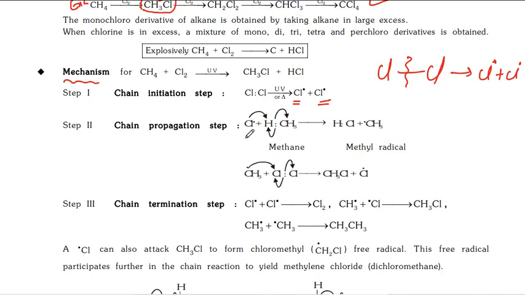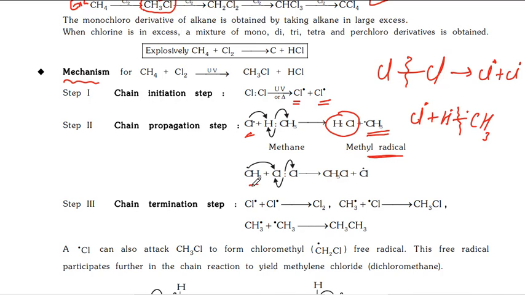So this chlorine radical immediately reacts with methane. Chlorine requires only one electron, so the chlorine radical reacts with methane, again undergoing homolytic cleavage. Here one electron, here one electron. This chlorine radical and H radical form HCl. So a methyl radical is generated.